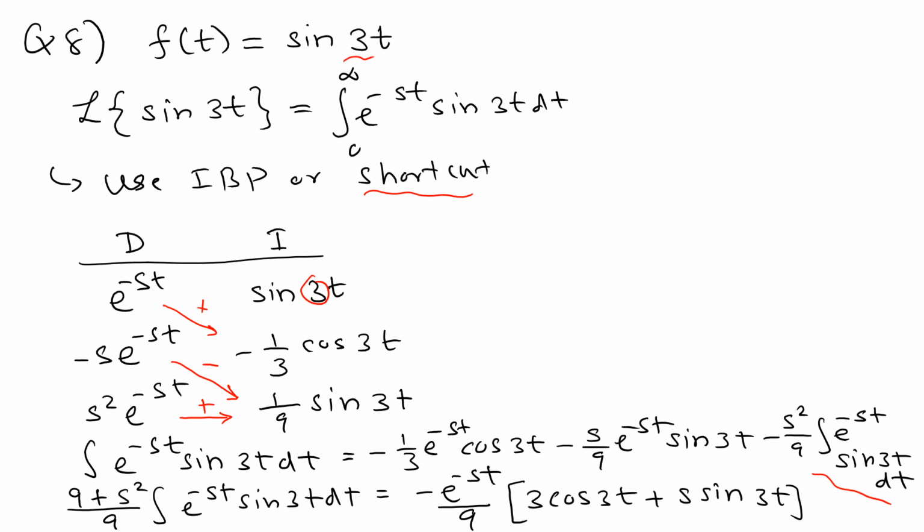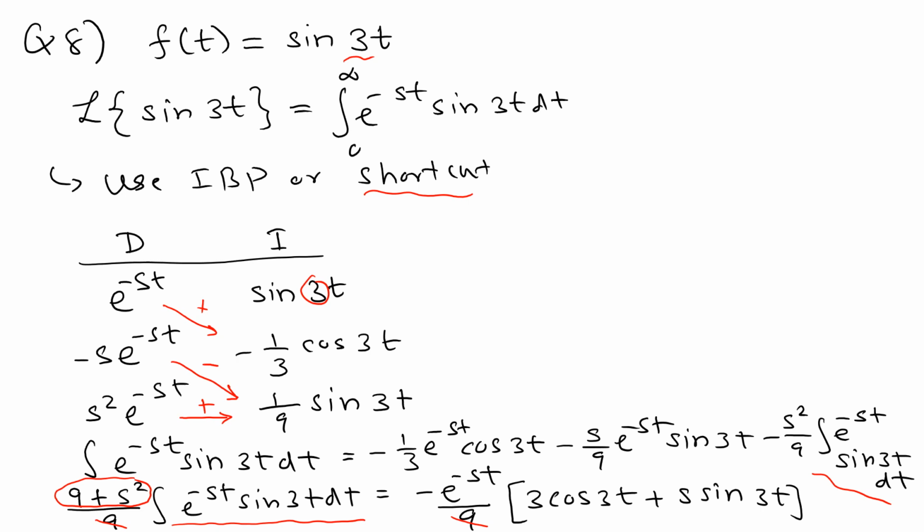So that means we can plug that back into the expression, and you can see that if you solve for this integral, the 9 gets cancelled out, and then you're going to divide both sides by s squared plus 9.